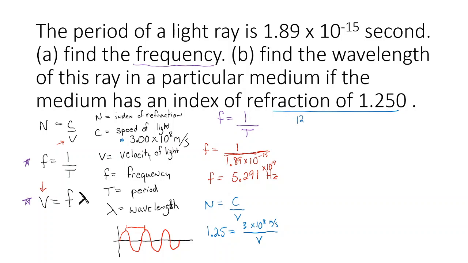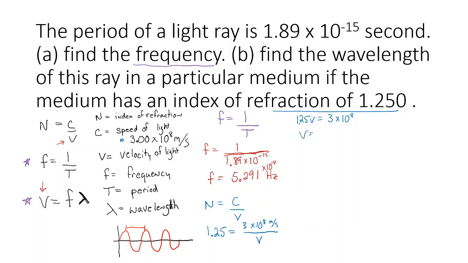We'll cross multiply, so we'll get 1.25 v equals 3 times 10 to the 8th. Then we'll take 3 times 10 to the 8th, typing this into my calculator, and divide by the other side, divide by 1.25.